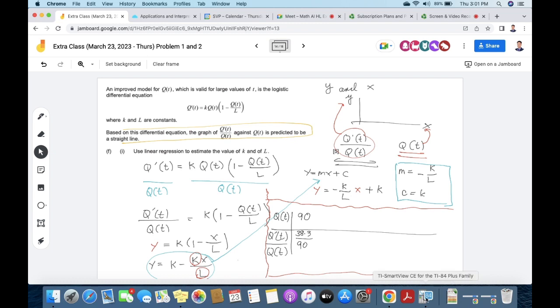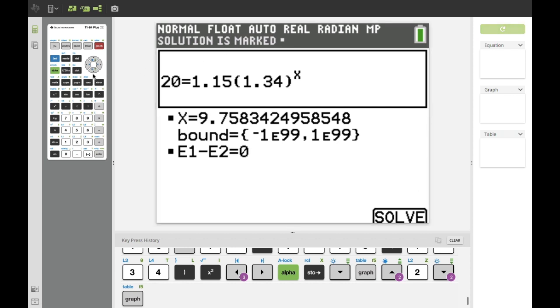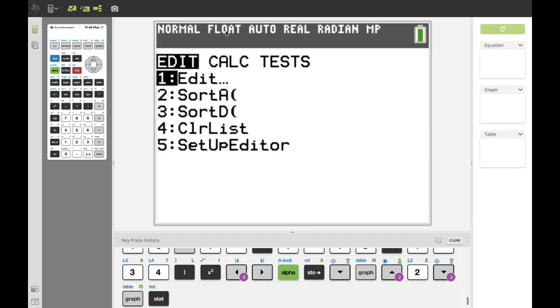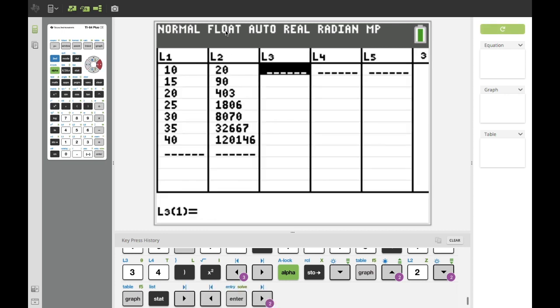So I'd like you to continue, because if I will write it, it will take us much time. It's already about 3 o'clock. It's 3:01 on my clock. So let's try to put it in here. Edit, L3. So here we have 90.